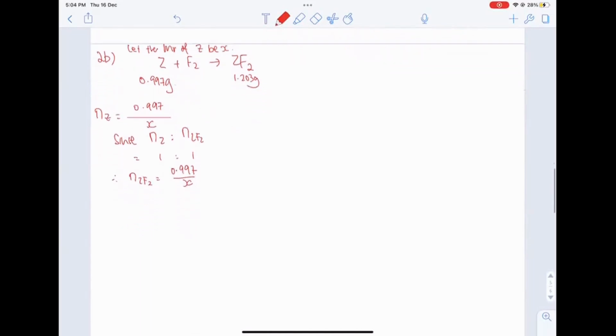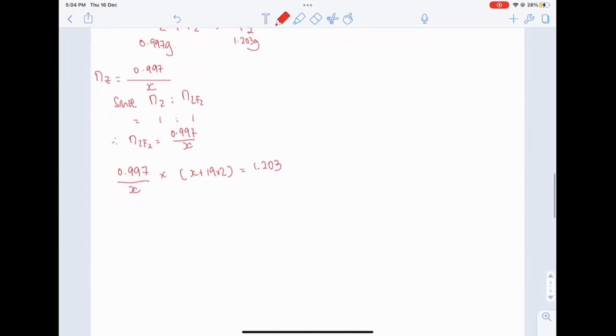Therefore, the number of moles of ZF2, which is 0.997 over X, times the MR of ZF2, which is X plus 19 times 2, should equal 1.203 gram, right? Next I have to simplify this. 0.997 over X, times X plus 38, equals 1.203.